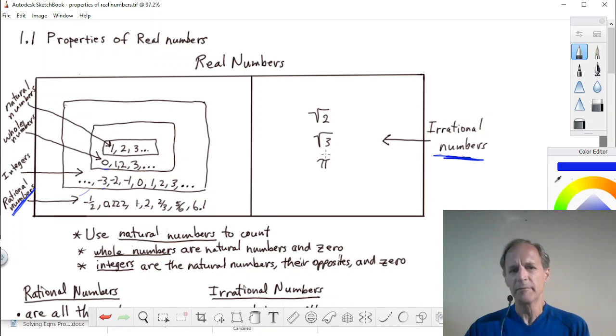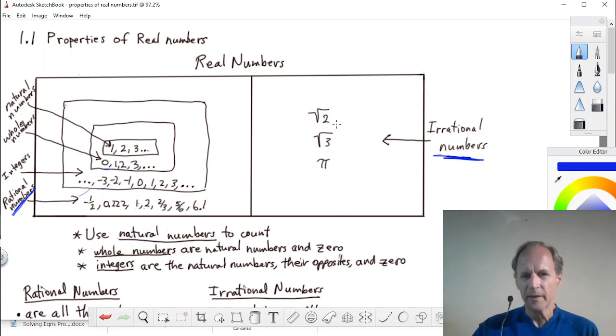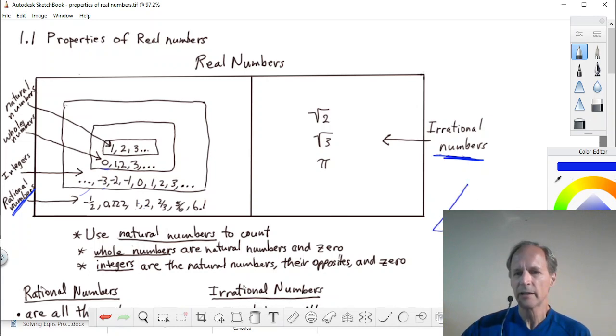Just a little bit of the history of that's interesting. The ancient Greeks were really bothered by this. They thought of numbers mainly in terms of distances and lengths in geometry. And if you have a triangle, let's see, we'll just draw a triangle here. A right triangle where both sides are the same length.